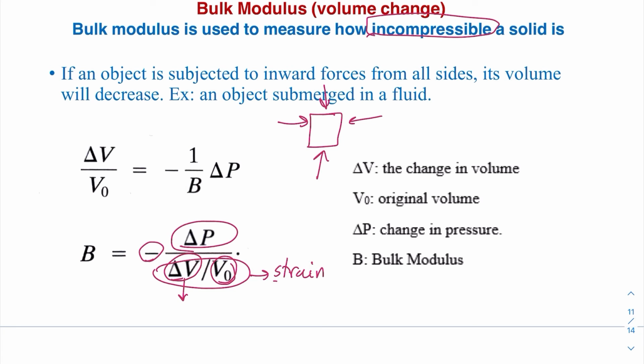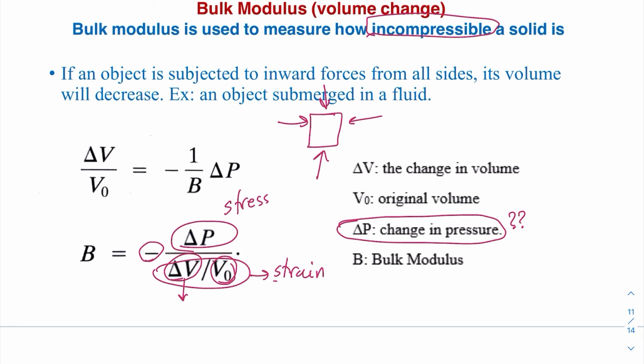There is another difference between Bulk's modulus and the two other moduli: here, stress is a little bit different, and it is shown by delta P, the change in pressure. What does that mean, the change in pressure?